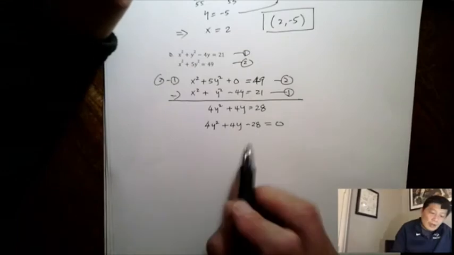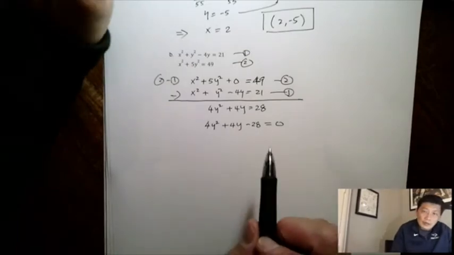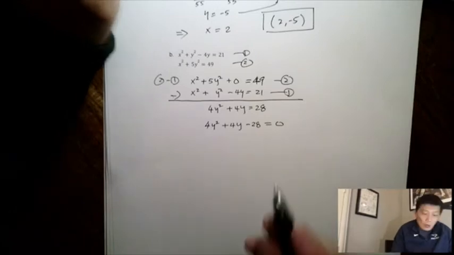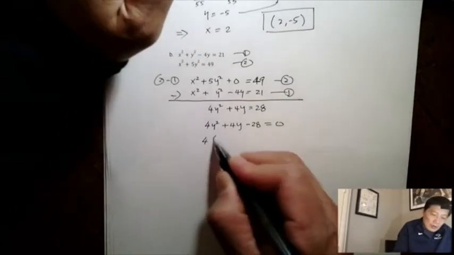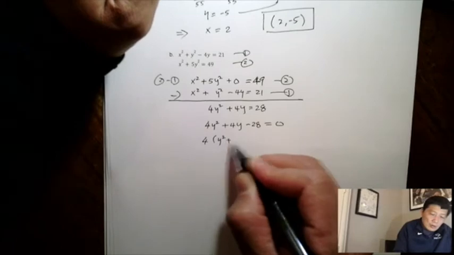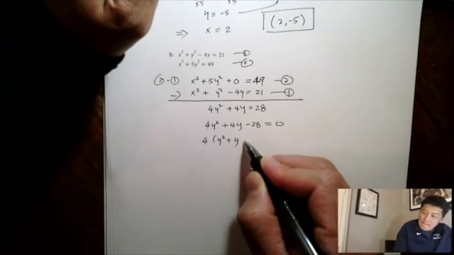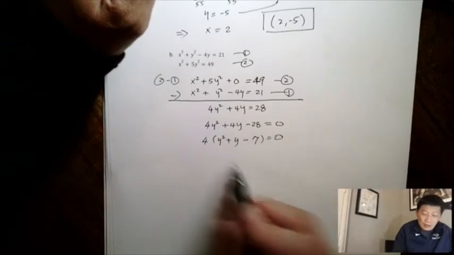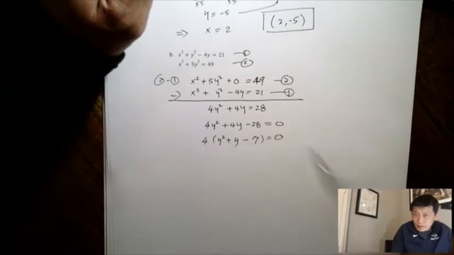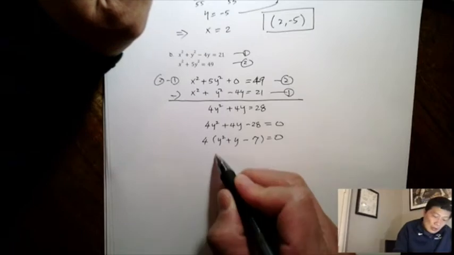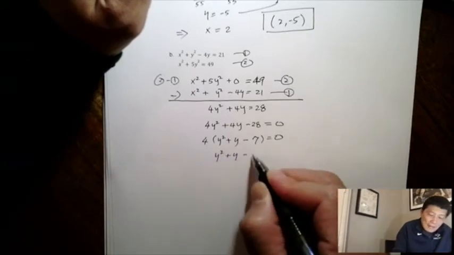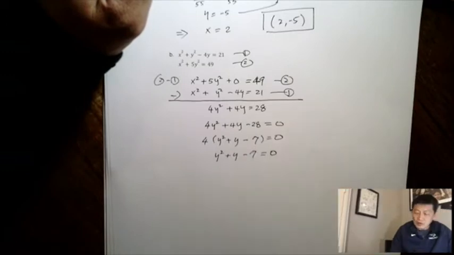I also notice that these terms all have a factor of 4, so I can factor out 4: y squared plus y minus 7 is equal to 0. Now I can divide both sides by 4. 0 divided by 4 is 0. So I end up with y squared plus y minus 7 is equal to 0.